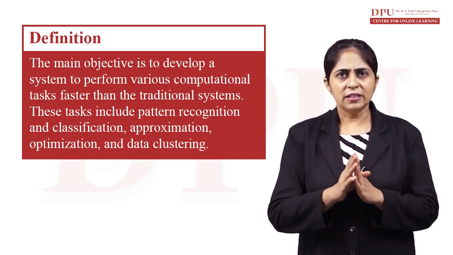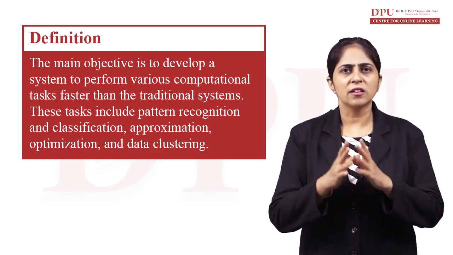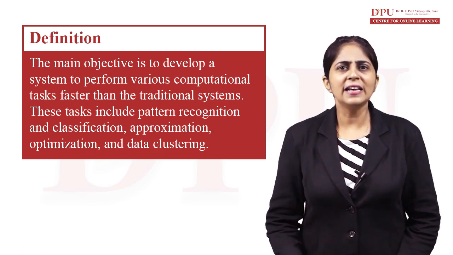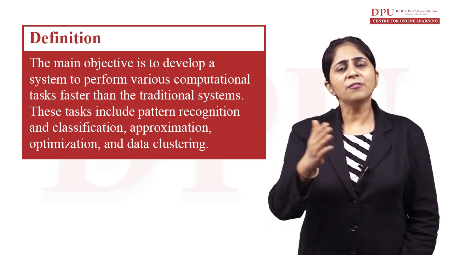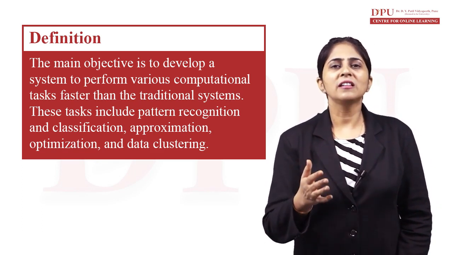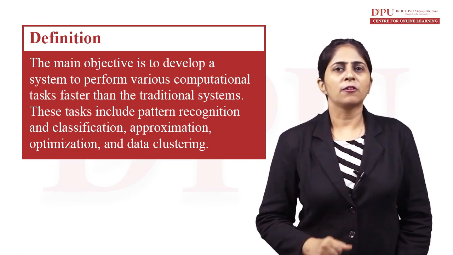These tasks include pattern recognition, classification, approximation, optimization, and data clustering. So a number of things are there in that. Whenever we are processing data, we need to recognize the pattern first of all.